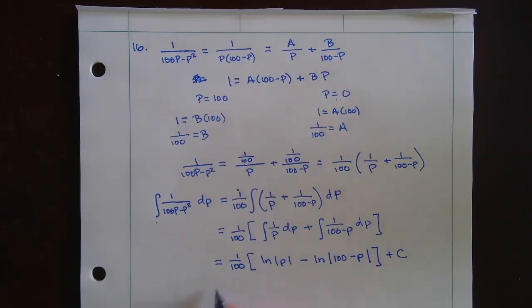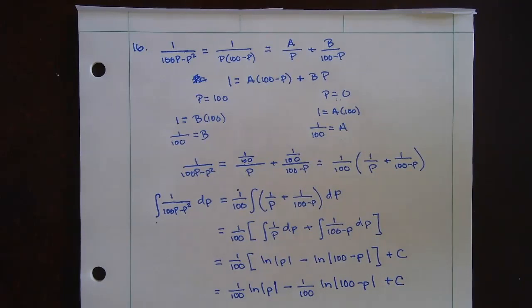Okay, so now we're going to distribute this. So this would be 1 over 100 the natural log of the absolute value of P, minus 1 over 100 the natural log of the absolute value of 100 minus P, plus some constant C.